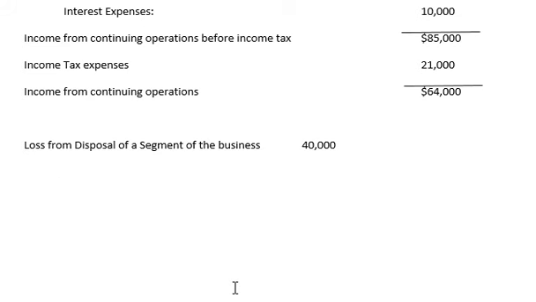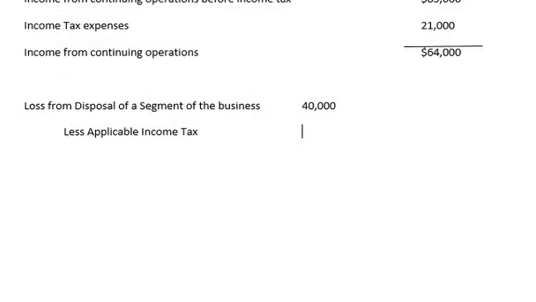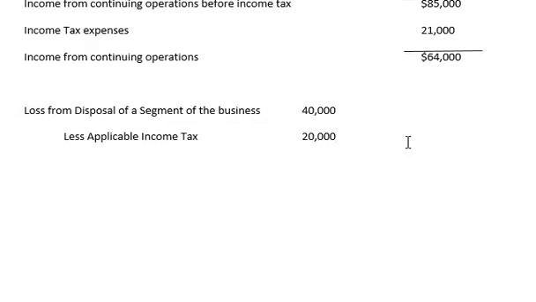About this one, we need to subtract the applicable income tax, which is 20,000. The two numbers subtract and you get 20,000, and we put 20,000 in this line, because that is the loss.